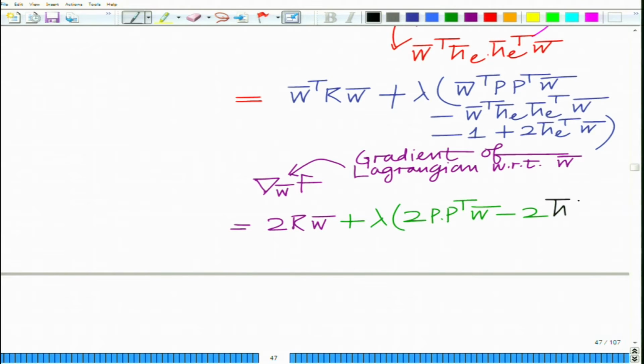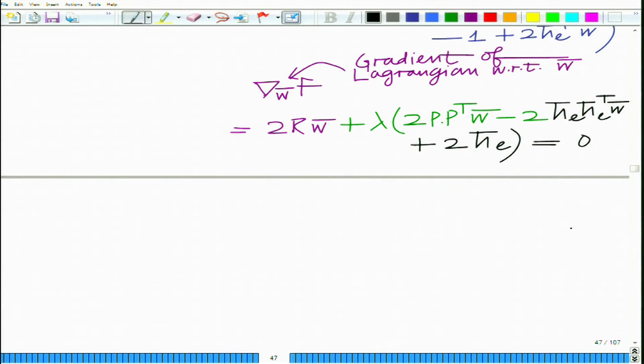So this is minus twice again H bar E transpose W bar, minus, of course, when you differentiate minus 1 it will be 0, plus twice C bar transpose W bar, that is C bar, twice H bar E, this equal to 0.